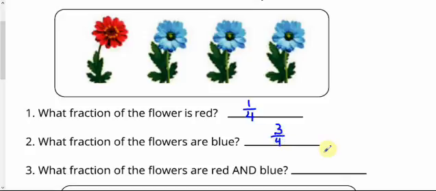What fraction of the flowers are red and blue? It means that I will add them together, red and blue. I have in here 4 out of 4 equals 1.